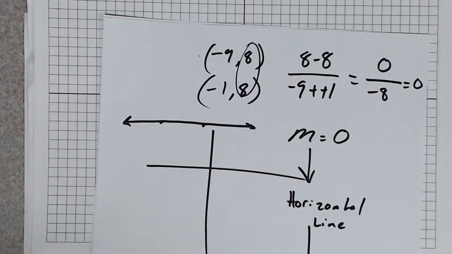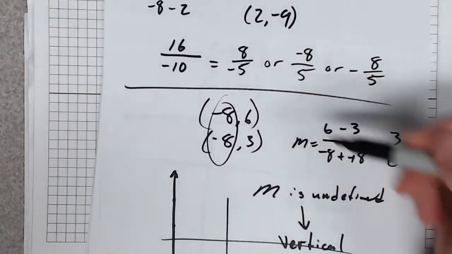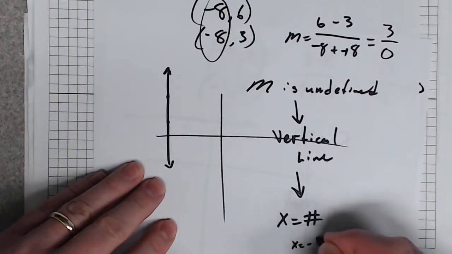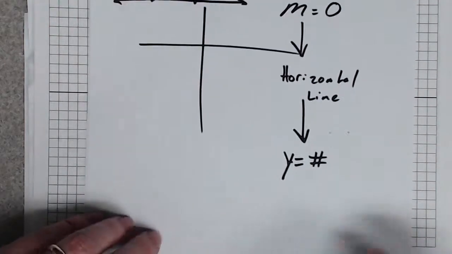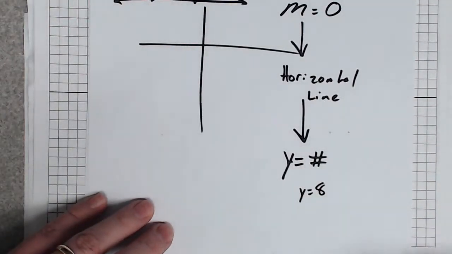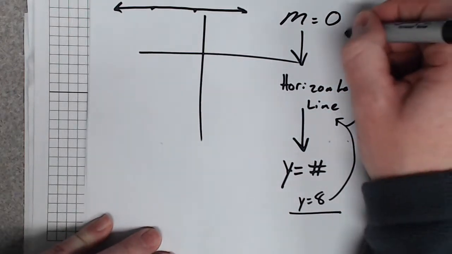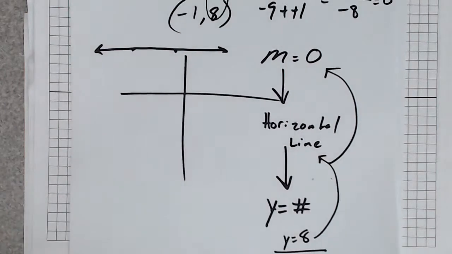The last one, the vertical line, guess what it was? x equals -8 for this question. That's what the equation of that line was. The equation of this line, y equals 8. So if you see this, you automatically know it's a horizontal line, and you automatically know the slope is 0. Cool, keep that in your brain for a while.